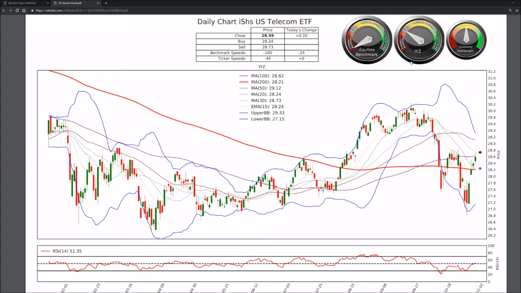To me, owning a particular sector of the market only makes sense if it is performing better than the overall benchmark. In this case, the US Telecom ETF is performing better than its equity benchmark, and it is something you should be considering owning in your portfolio. It might make sense to own something which performs worse than the benchmark at the moment, but then you will want to consider the reasons carefully and have a valid explanation for it.